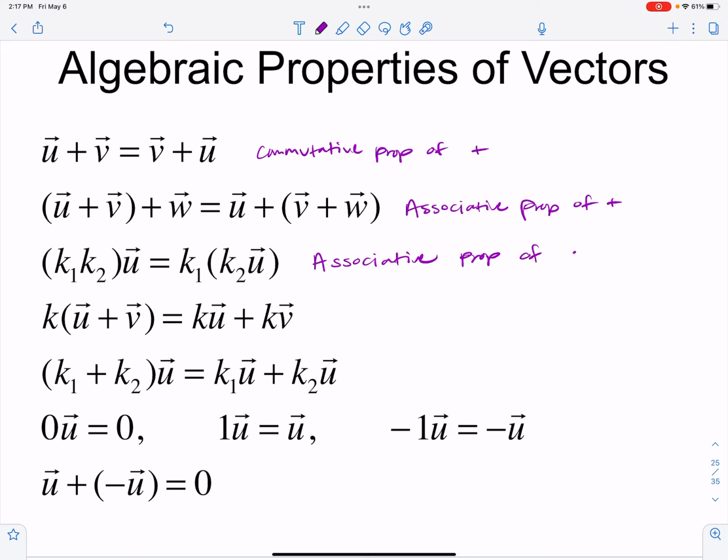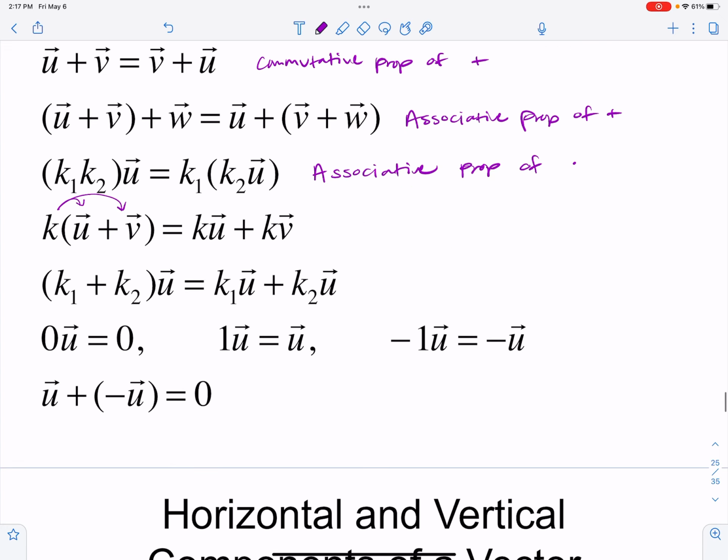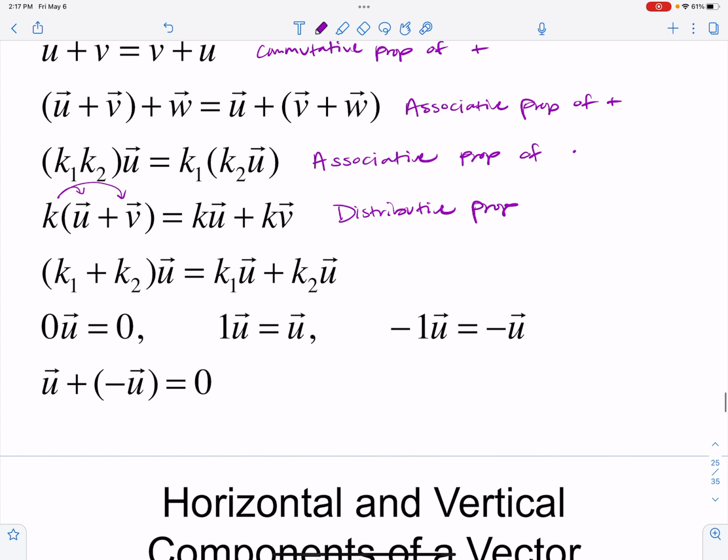Okay, we also have a distributive property. If you're adding two vectors together, you can think about distributing a constant or a scalar. And this is also a distributive property, where if you have a sum of two scalars, you think about distributing the vector.